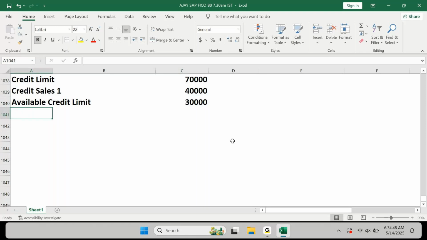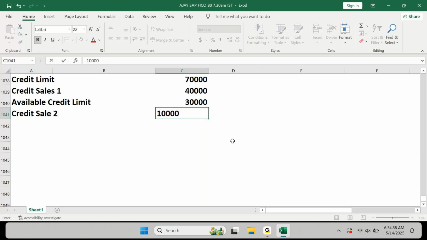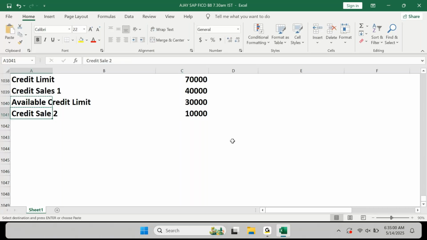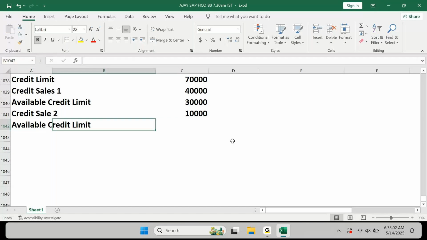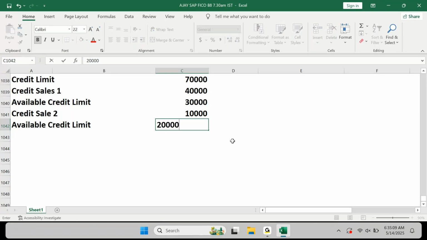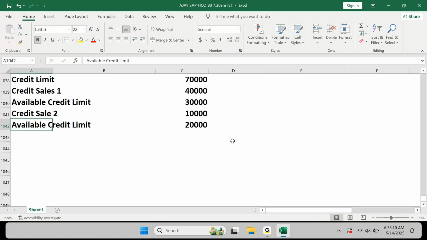Let's say I make another credit sale 2 for 10,000. Now the available credit limit is 20,000. Now, if I place another order, this time I want it for 30,000 or 25,000.